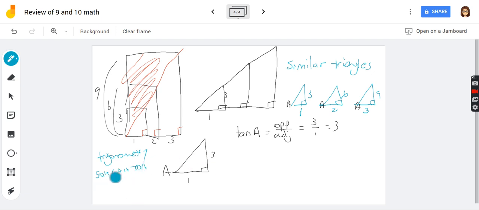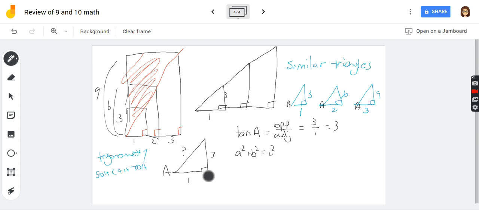So sine and cosine involve the hypotenuse of this triangle. So how did we calculate the hypotenuse of this triangle here? That's where we said this is a right angle triangle. So we have a relationship called the Pythagorean theorem, which is little a squared plus little b squared equals c squared. But little a squared doesn't match up with the letter A where I've put it, but it doesn't matter.